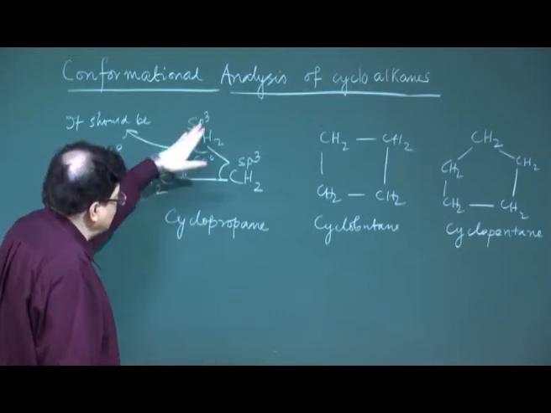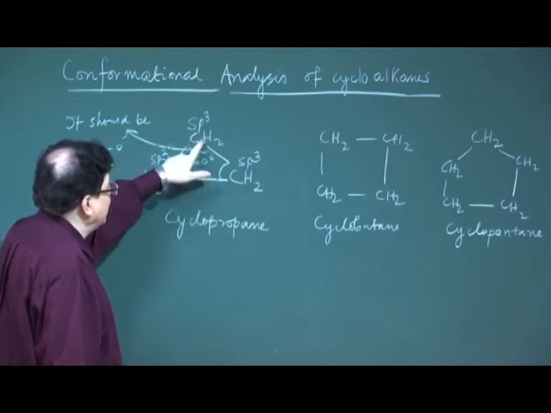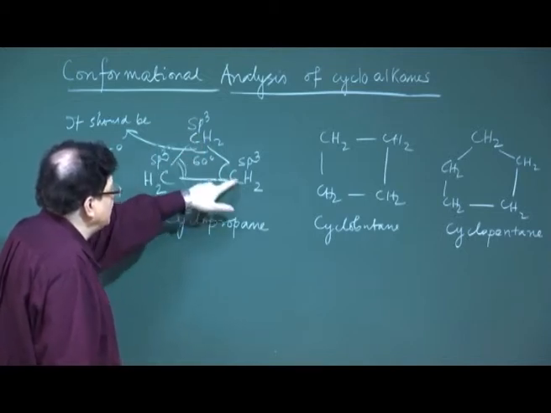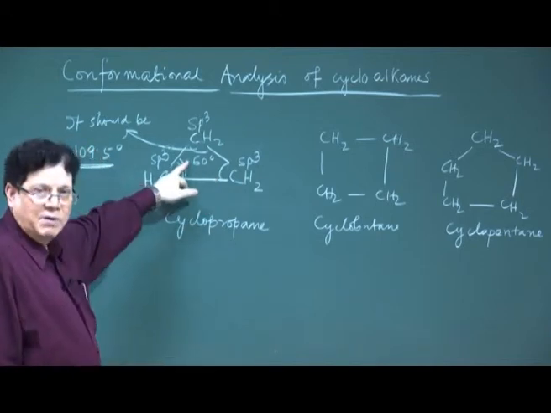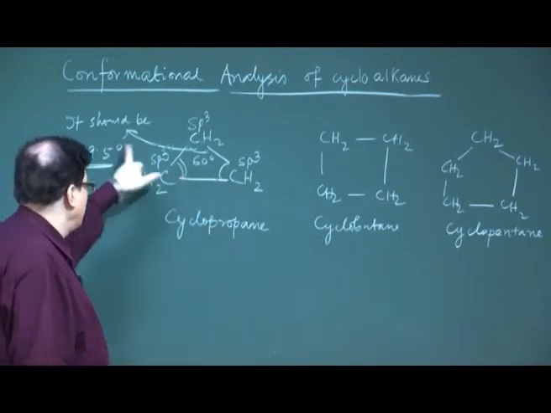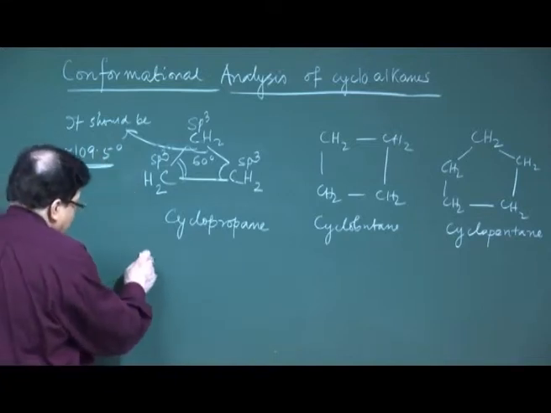Again I repeat, considering that this is a very mechanical system, that these are just connected by straight lines which are acting as bonds. Okay. So, now this molecule will suffer from angle strain because the normal valency angle cannot be maintained. So, what is the angle strain?